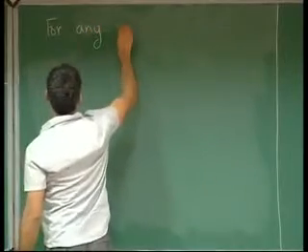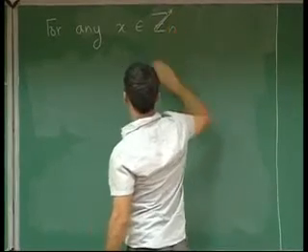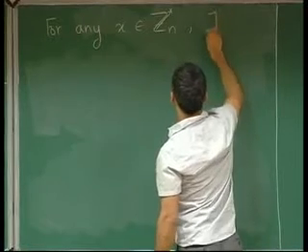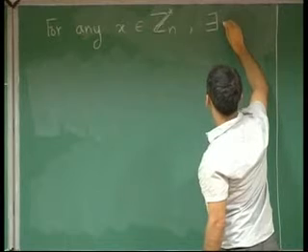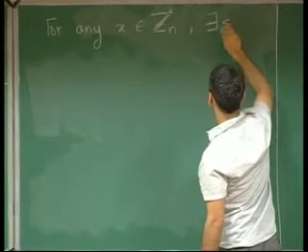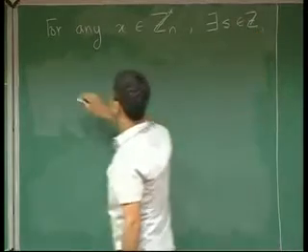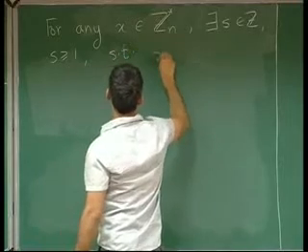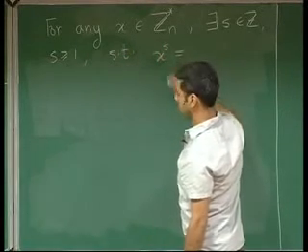So for any x in this set, in this group, there is some integer, let's call it s, such that x raised to power s will be equal to 1.